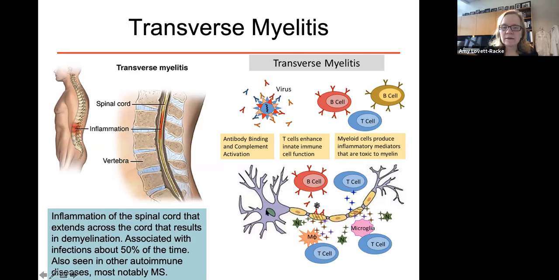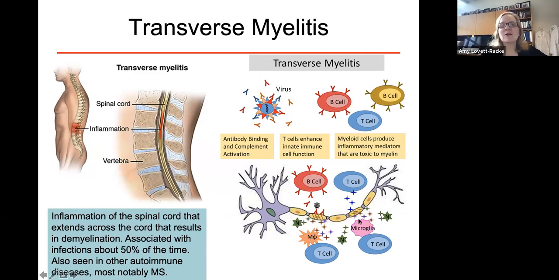Now, the inflammation can look different depending on infection versus a transverse myelitis associated with MS. In MS, you will not see these neutrophils, but if it's post-virus, you also see the neutrophils. The loss and damage to myelin can be attributed to antibody production and mediated by complement damage.